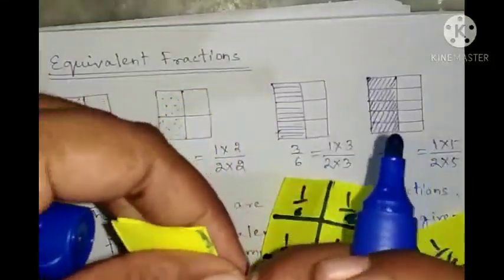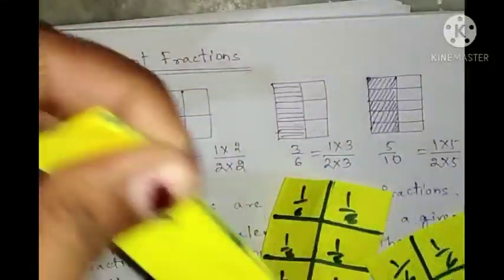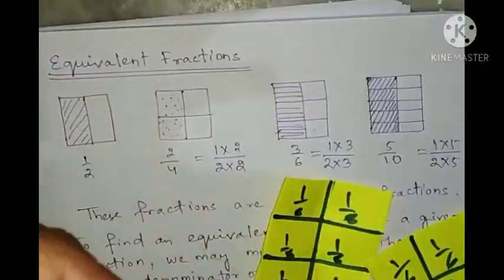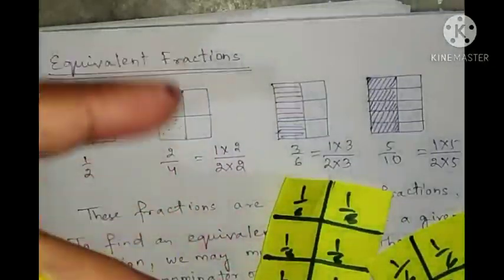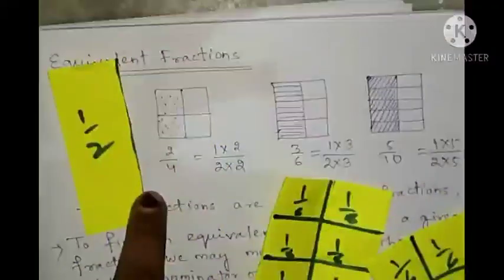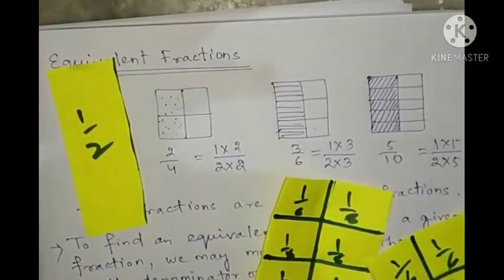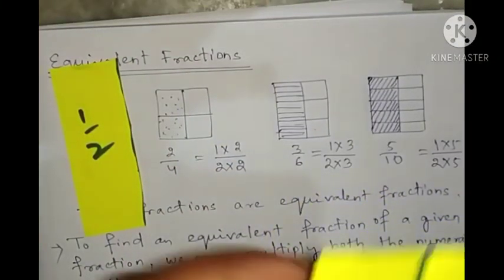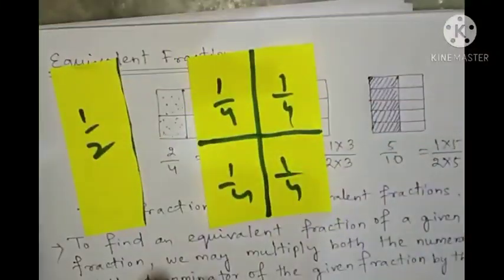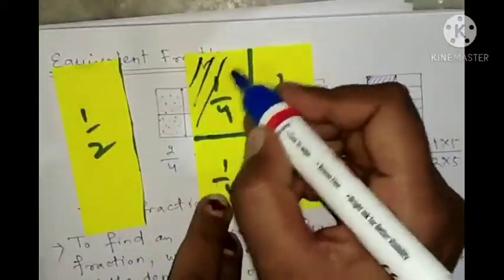So from here I will take half. Half means I will cut this into an equal half. Okay, this is half. Then here 4 parts are taken, and this is 1 by 4.